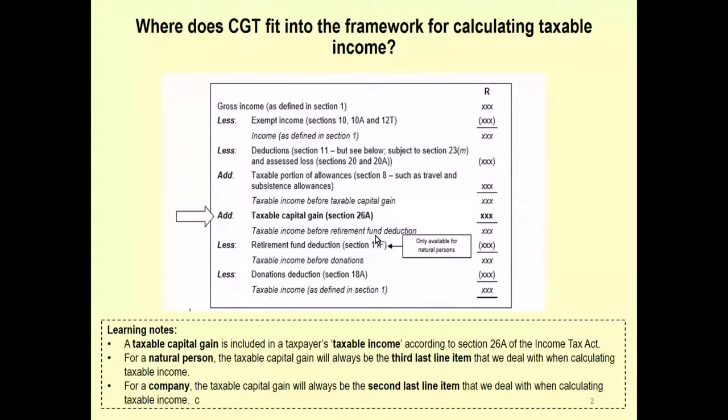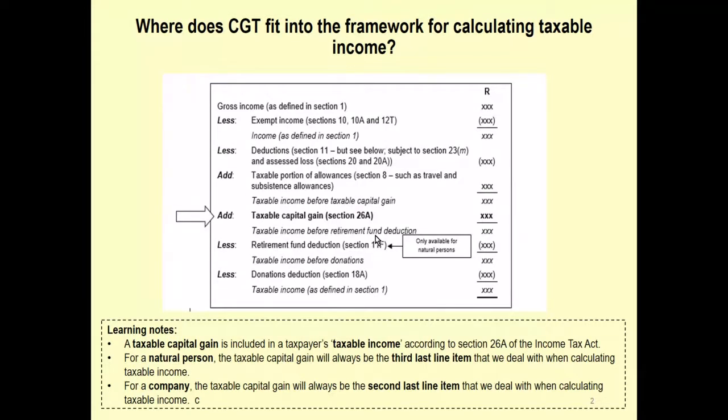But Section 18A, which is the special deduction for donations to public benefit organizations, is always, whether you are dealing with a natural person or a company, your last deduction in the framework. Then, and we will look at this when we do natural persons towards the end of the year, the second last deduction for natural persons is Section 11F, which is our retirement funds deduction.